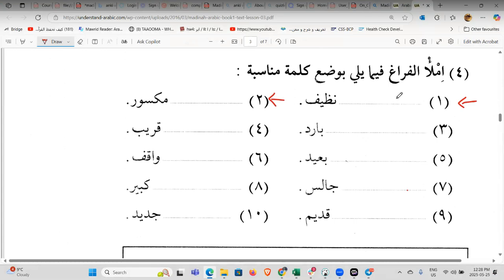So you need to find a word to complete the sentence. The missing word is the first word. The second word is usually an adjective. So in this case, we have nadifun, meaning clean. Okay. Al-maksur.